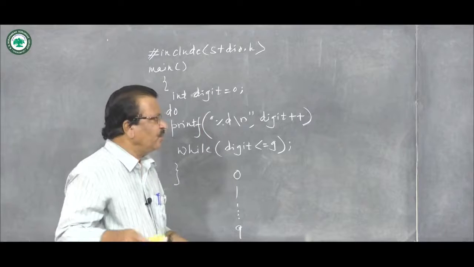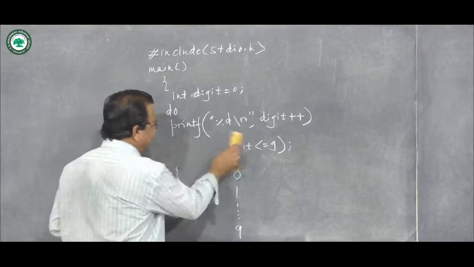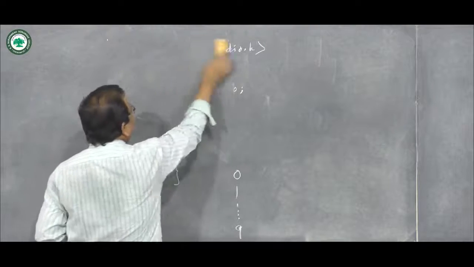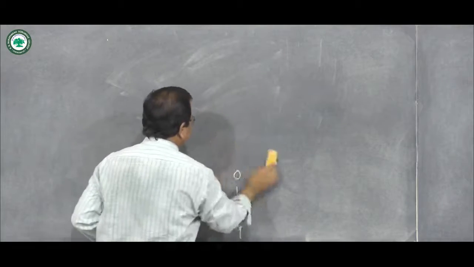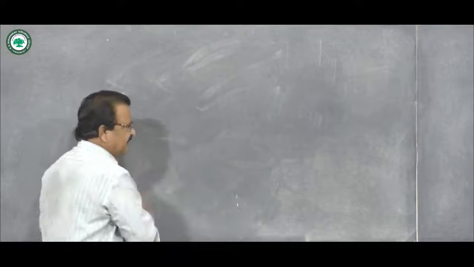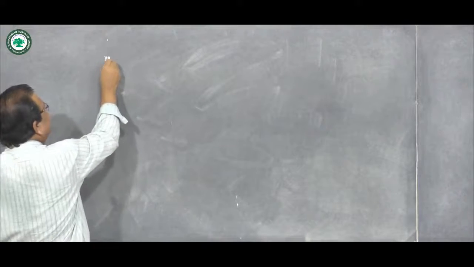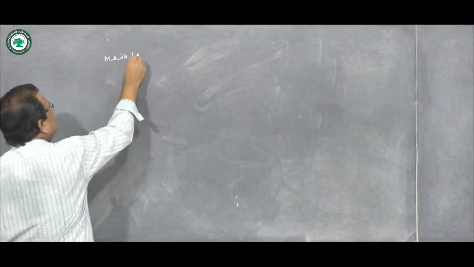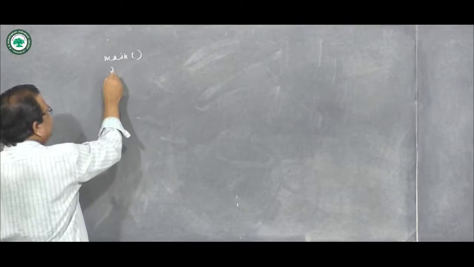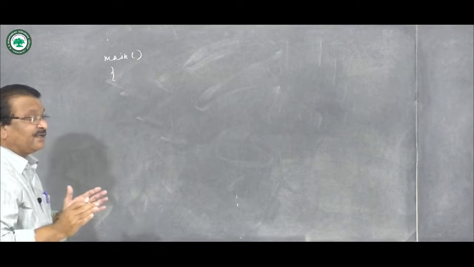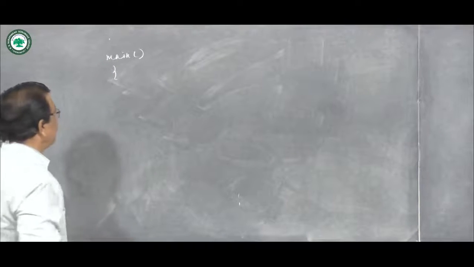In order to make the difference between while and do while more clear, let us see one example. Here I am using a while loop. So main, of course stdio.h is there. I am just writing a program segment for illustrating the difference between while and do while.